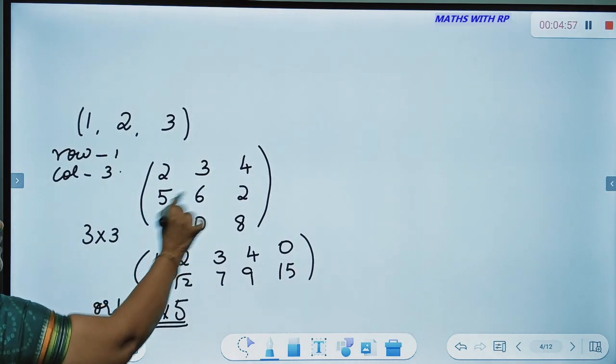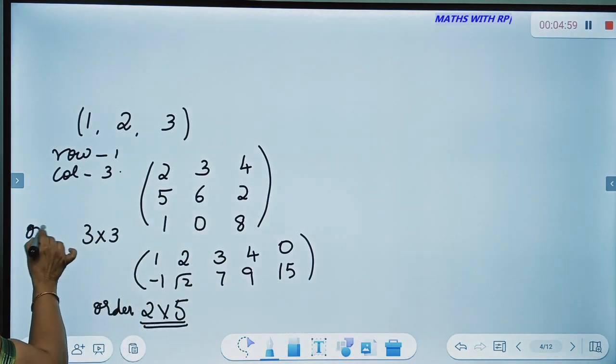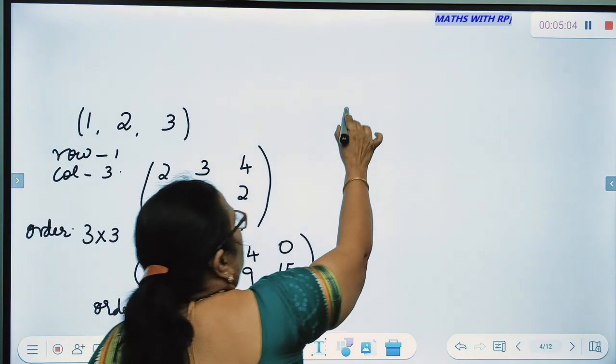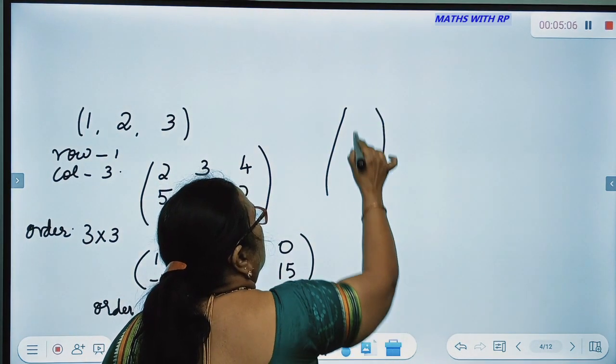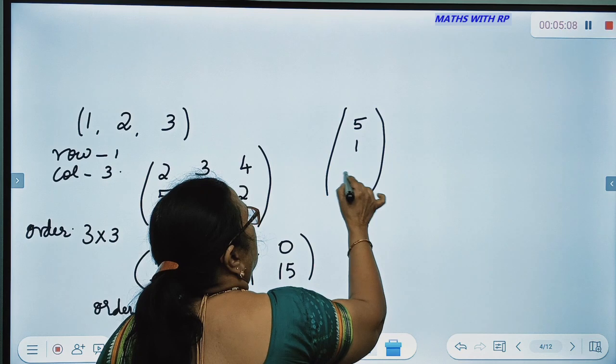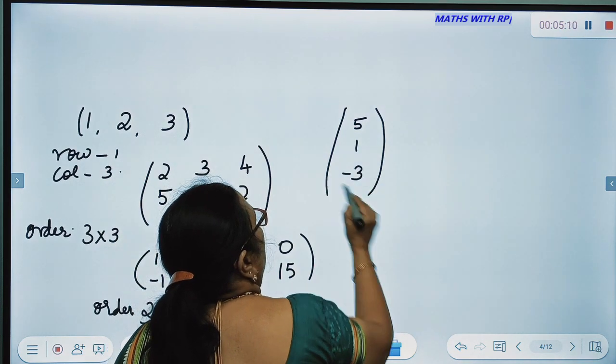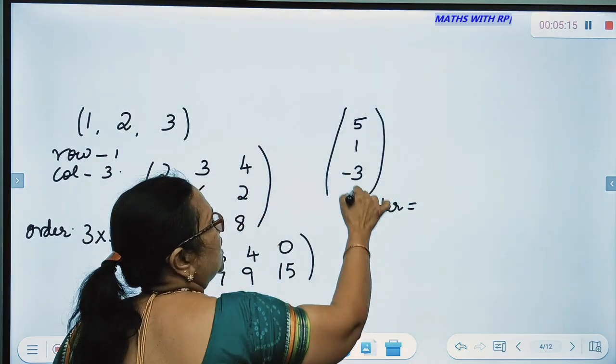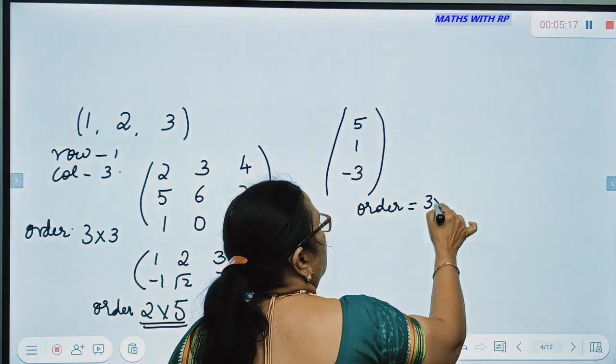This has got 3 rows and 3 columns, so its order is 3 by 3. Similarly, you can have a column alone. What will be the order? It has got 3 rows and 1 column.